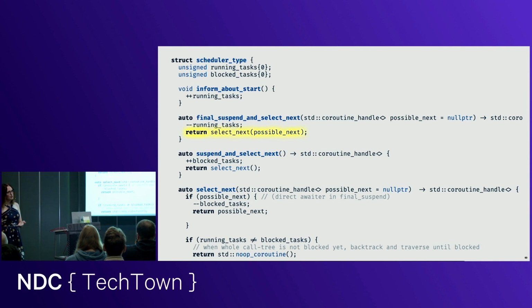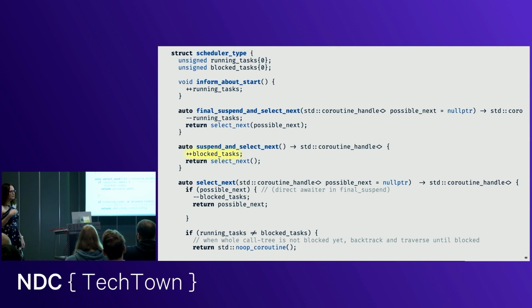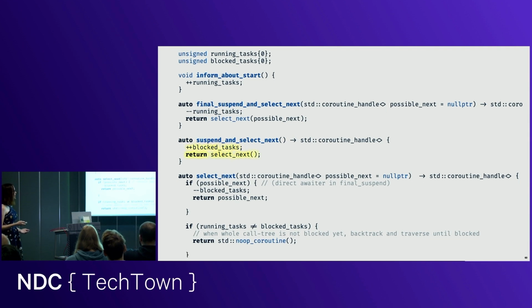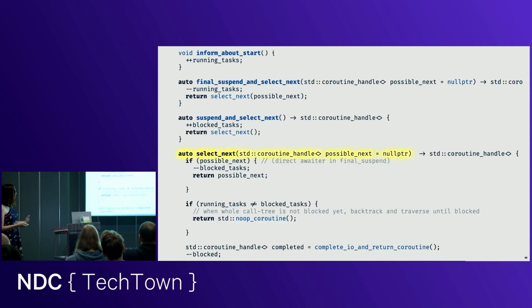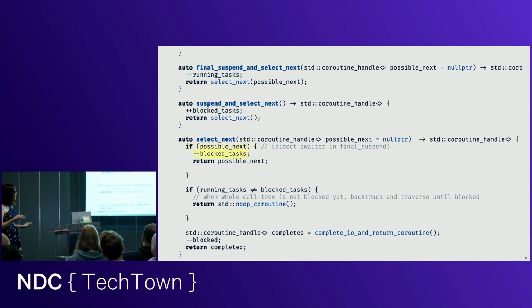Maybe there is, maybe not, because maybe someone is awaiting on the coroutine, maybe someone is not yet awaiting. If you suspend because you are awaiting on some I/O, you just increment the number of blocked tasks and ask for something else to run. And something else, like select next, will take the possible next. If there is a possible next, it will unblock one coroutine and it will run.